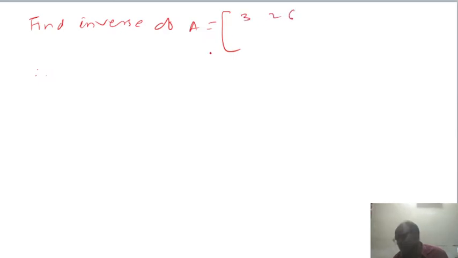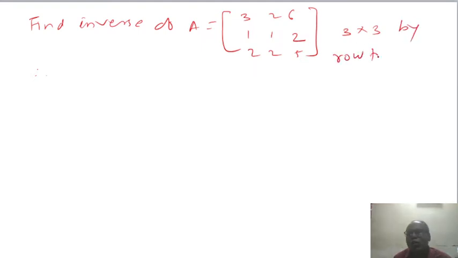Find the inverse of A, where A is equal to 3 2 6, 1 1 2, 2 2 5. It is of order 3 by 3. Find the inverse of A by row transformation.